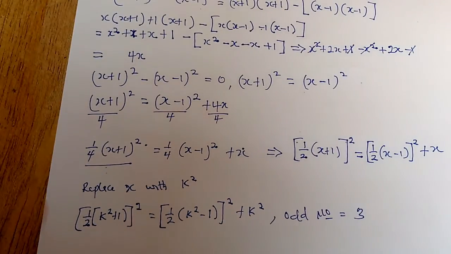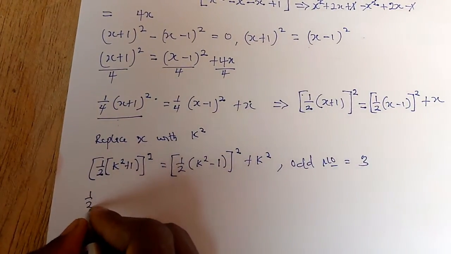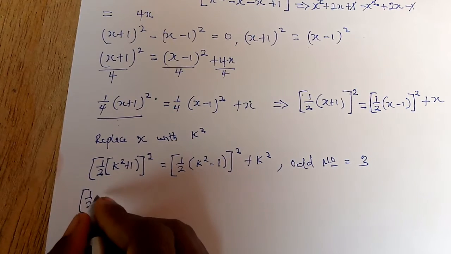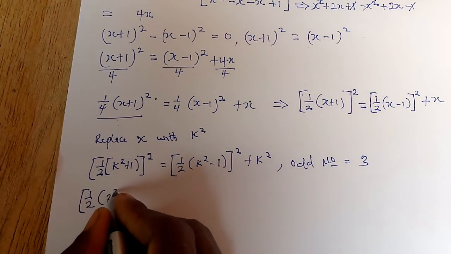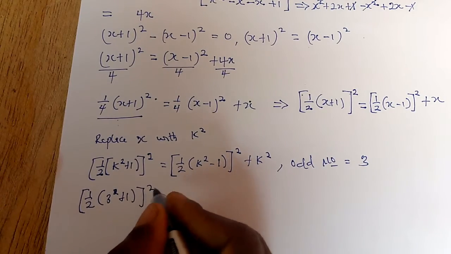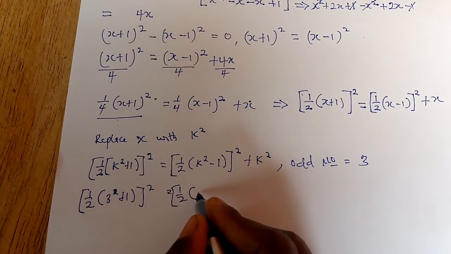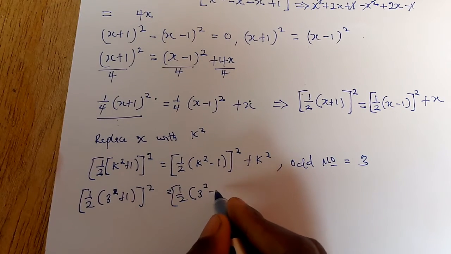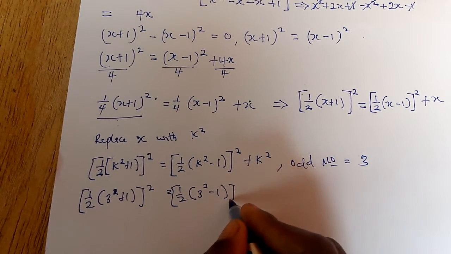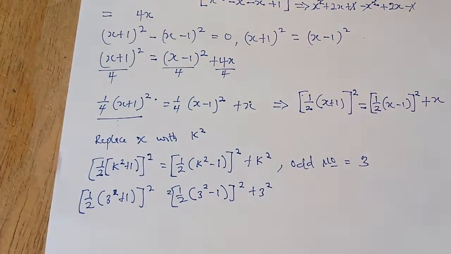So let's substitute k by 3. So we have 1/2 (3²+1) all squared is equal to 1/2 (3²-1) all squared, plus 3², like this.